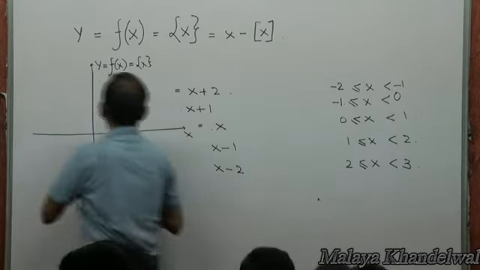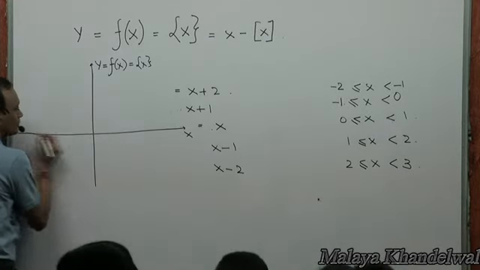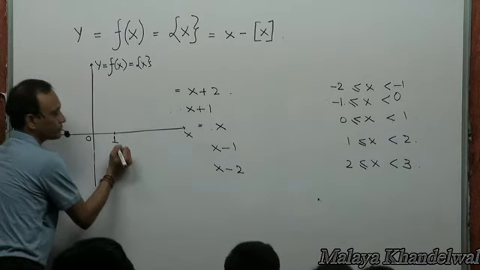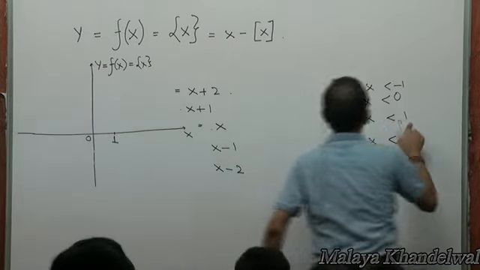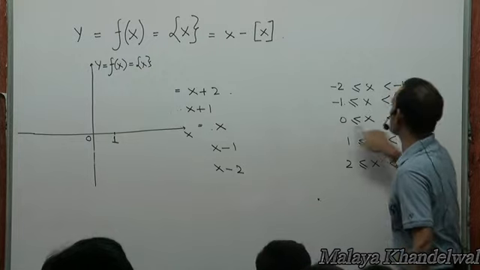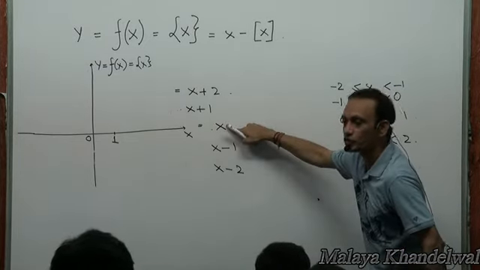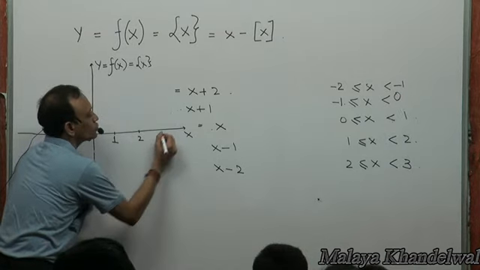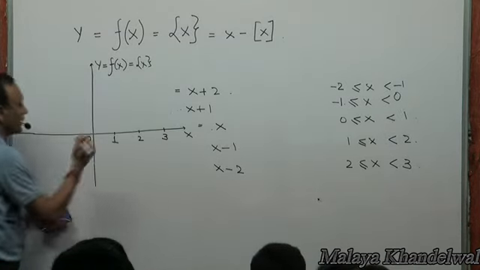So, 0 to 1. In this, when x is greater than or equal to 0 and less than 1, it goes as y equal to x. Then 1 to 2, 2 to 3, and so on and so forth, right?